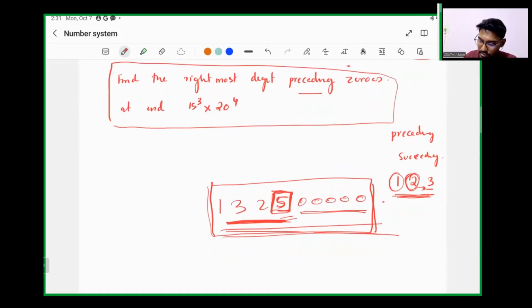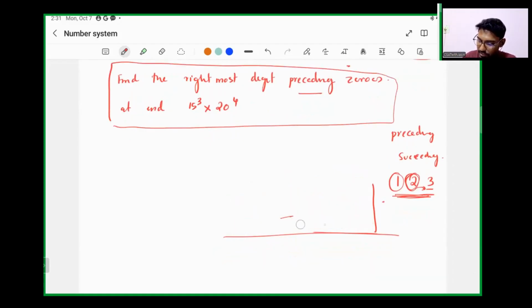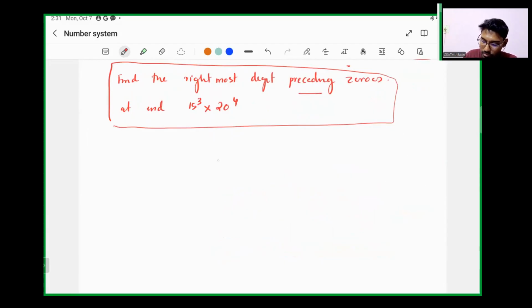Okay, before that, I'll just give you one more example here. So let's say you have three numbers, 20 into 30 into 40. If you are doing 20 into 30 into 40, here there is 1 zero at the end, here there is 1 zero at the end, here there is 1 zero at the end. So you know that there will be 3 zeros at the end.